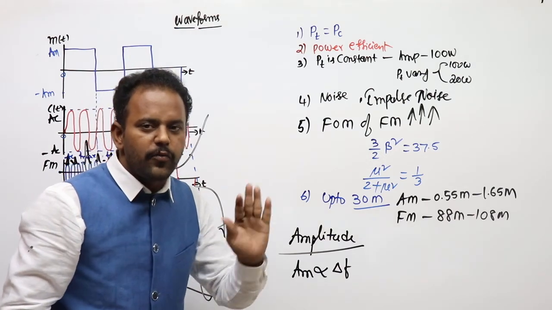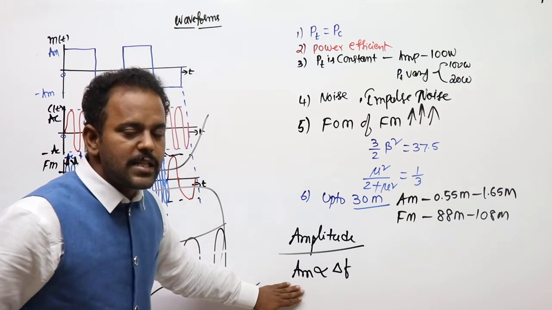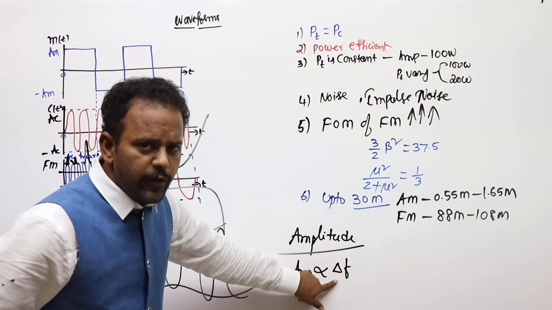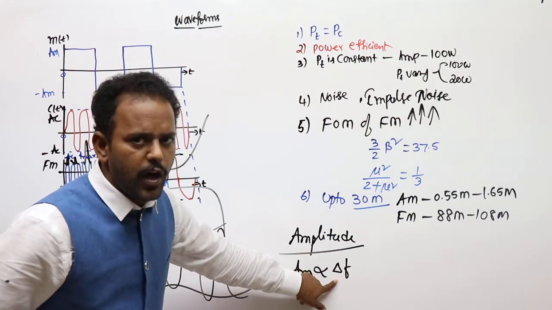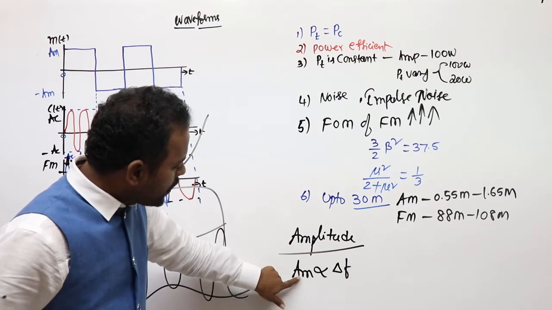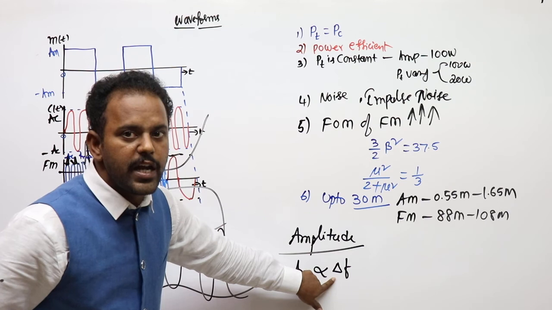Kf Am, Kf is constant. So if different messages have the same delta F, even if those frequencies are different, if their amplitudes are the same, the amplitude is preserved in the maximum frequency variation.